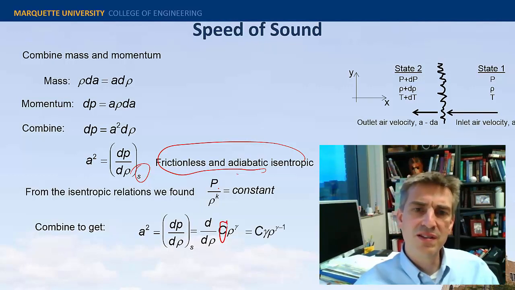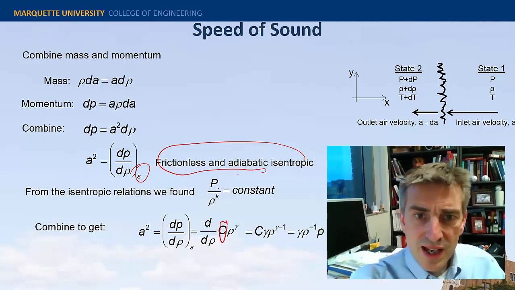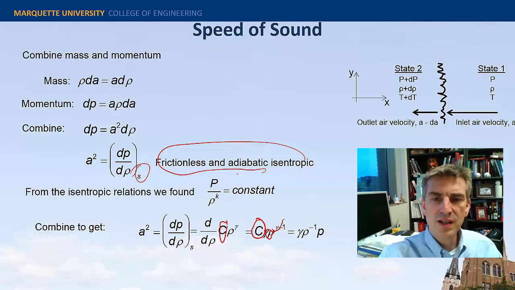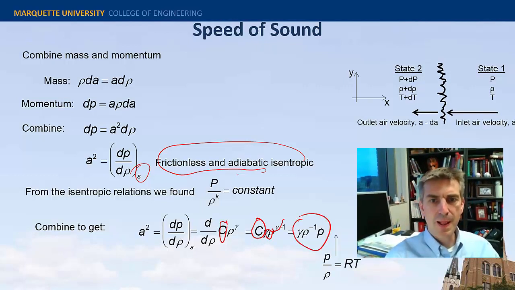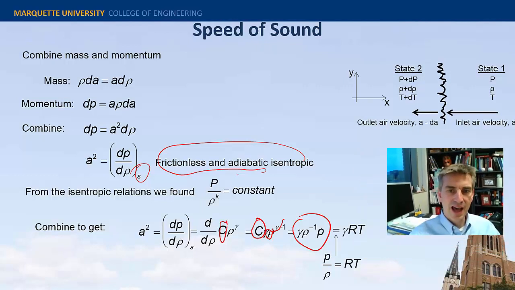And I take the derivative of that, and it's pretty obvious what it is. And then you can see I can just combine this back and get rid of this constant. That's clever. So the constant times this rho to the gamma will give me just this relationship here. You can see that. And if I use PV equals mRT, I can get it to look like that.